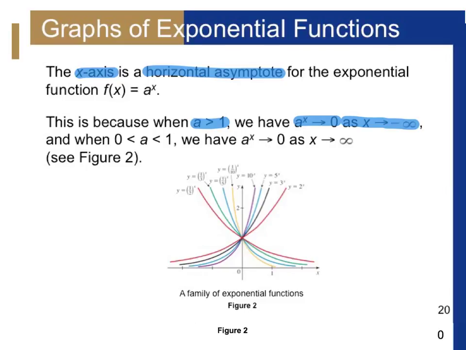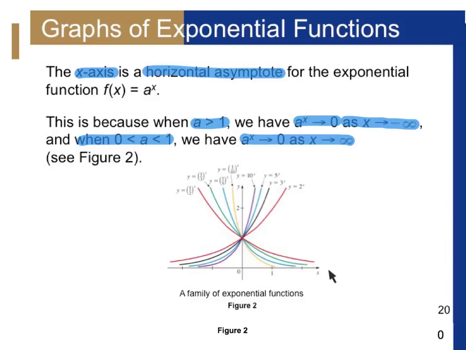And then just the opposite happens when a is a fraction. So when a is a fraction between 0 and 1, a to the x approaches 0 as x approaches positive infinity. So that's on this side. Now we're looking at the 1/2, the 1/3, the 1/5, and the 1/10 to the x. See, as x approaches positive infinity, going to the right, our y is approaching 0.